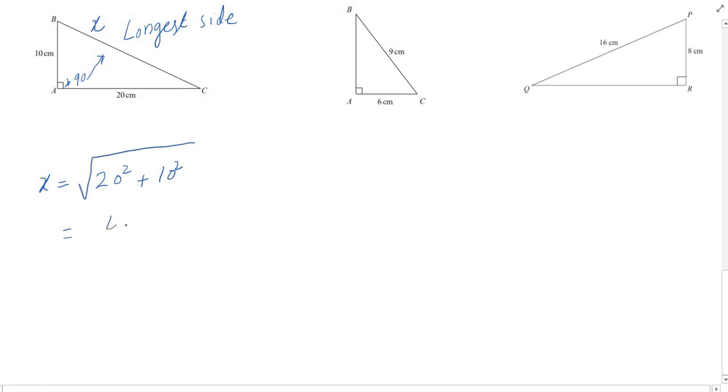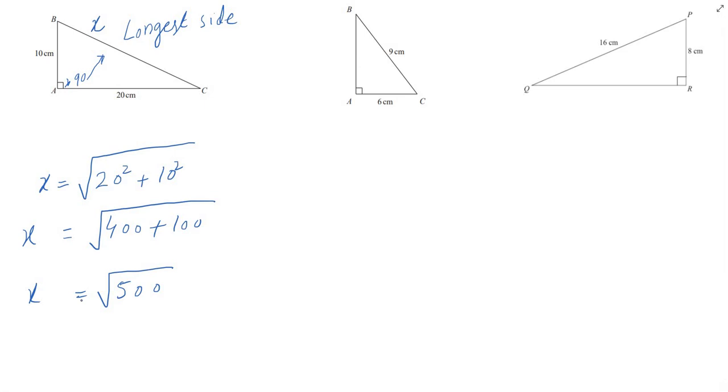So this is going to be 400 plus 100, so x is equal to the square root of 500. If this question is a calculator paper, you can use the calculator and write the answer to one decimal place or significant figures when asked. So when you're going to find the longest side, you square the other two sides and add them. This is my hint.